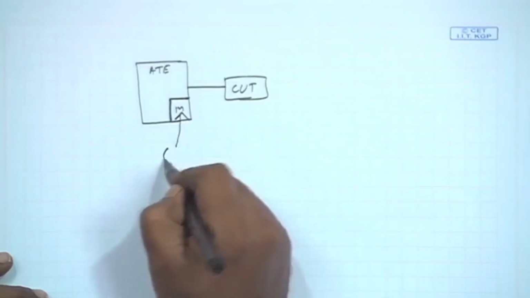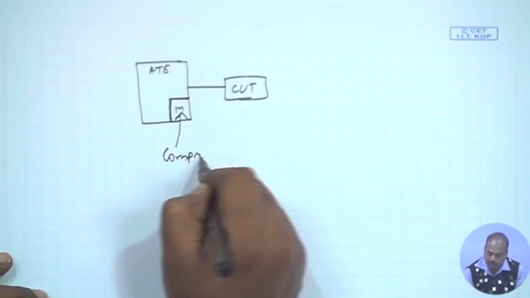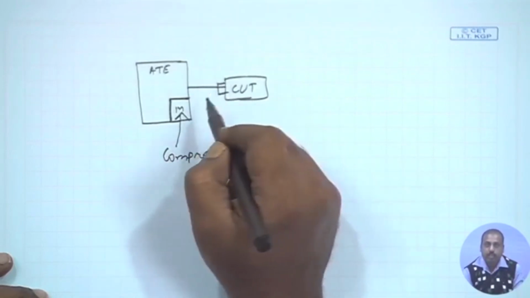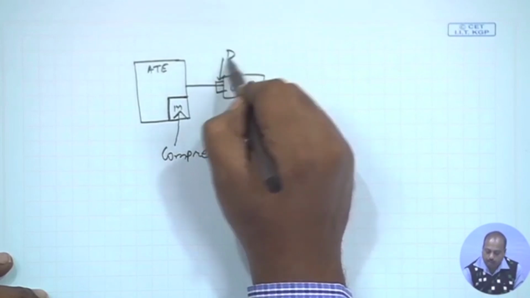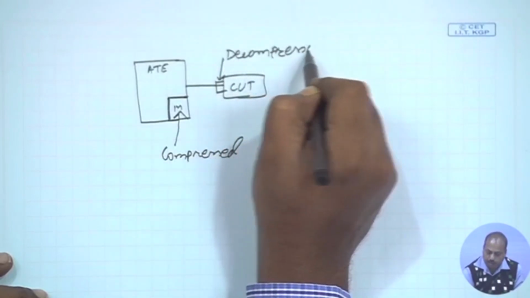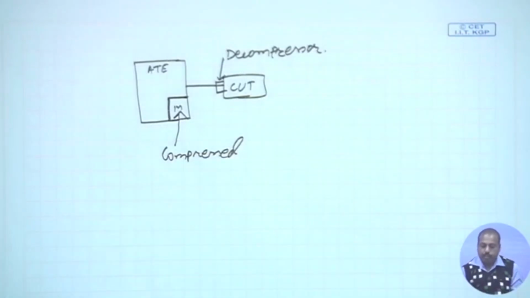So, what we essentially mean is that the patterns will be stored in a compressed form, and before they are applied to the circuit, we have another module which we call the decompressor. This decompressor will decompress the patterns that we have got from the ATE, and it will get back the original patterns, and the patterns will be loaded into the circuit.